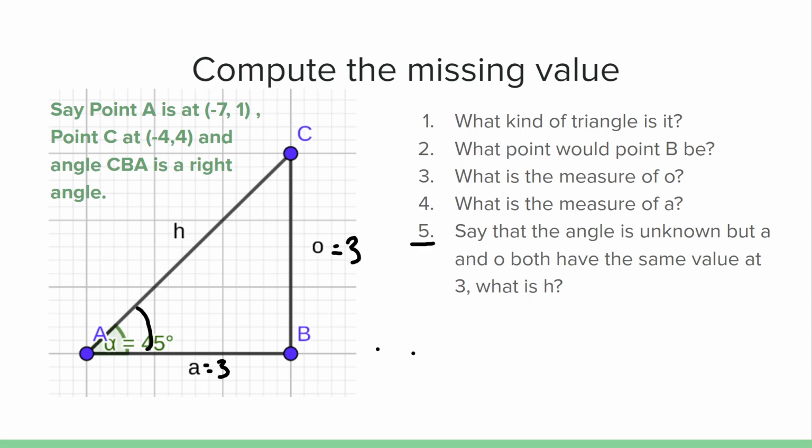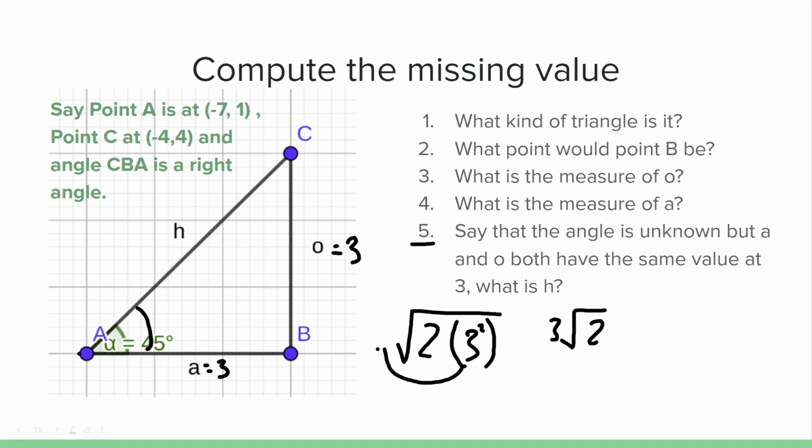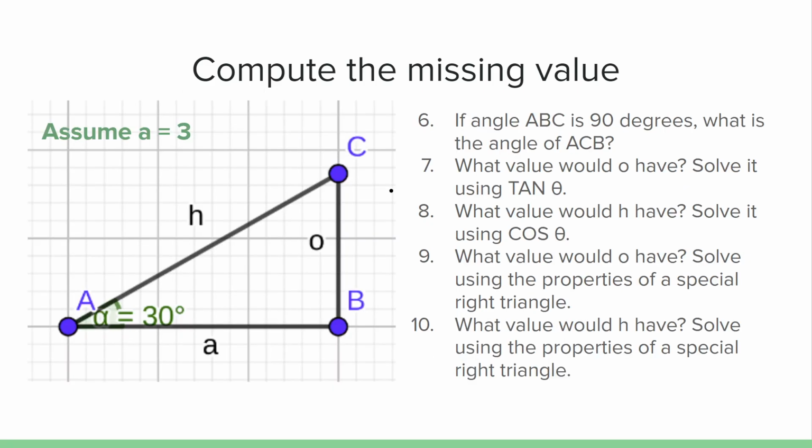Because it'll just be the square root of 2 times 3 squared. And with algebra, you can just take out all the squares, bring it outside, 3 square root of 2. Okay? So, next.